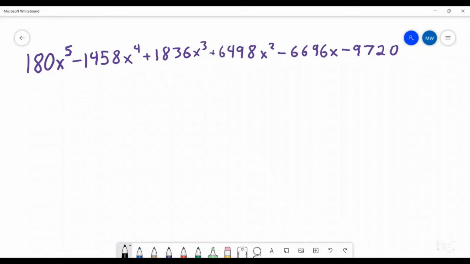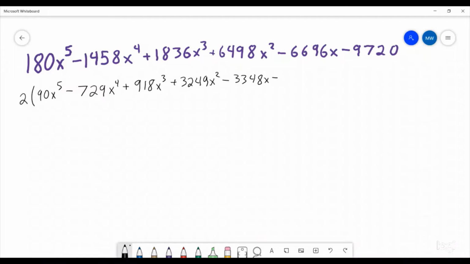When I do so, I get 2 times 90x to the 5th minus, let's see, 758 divided by 2, that is 29, x to the 4th, plus 918x cubed, plus 3249x squared, minus 3348x, minus, let's see, 9720 divided by 2.